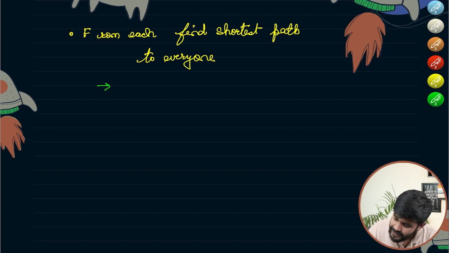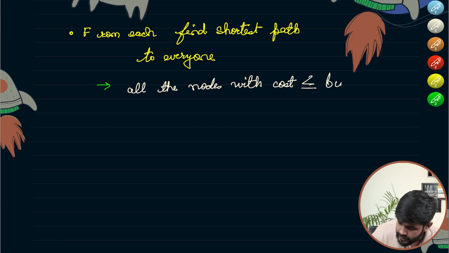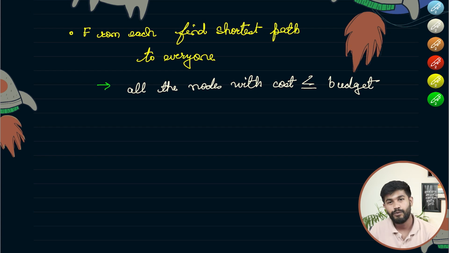Okay, so for each node we would find the shortest path to everyone. In the resulting phase, all the nodes with cost less than or equal to the given budget would be counted.